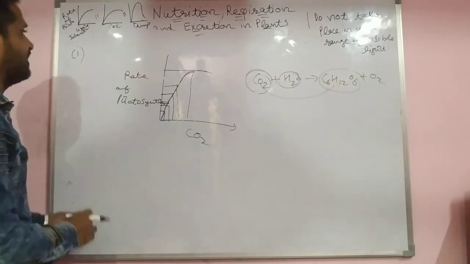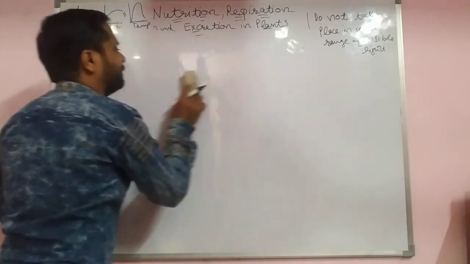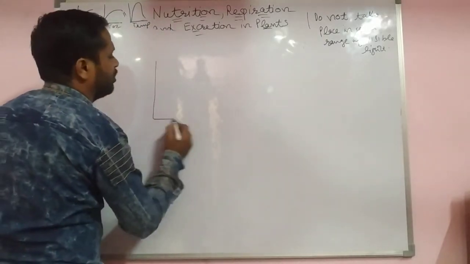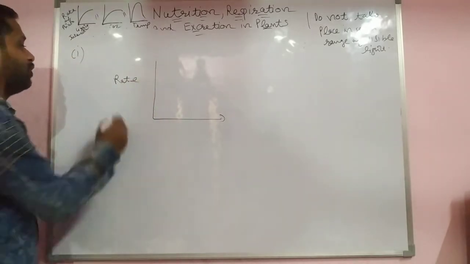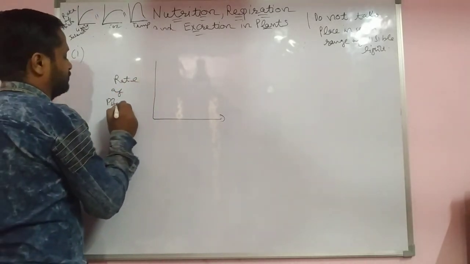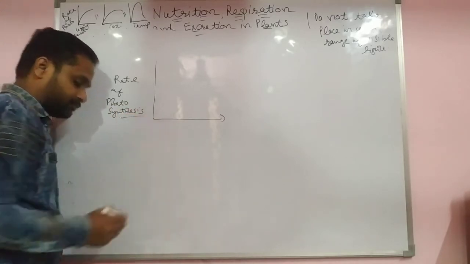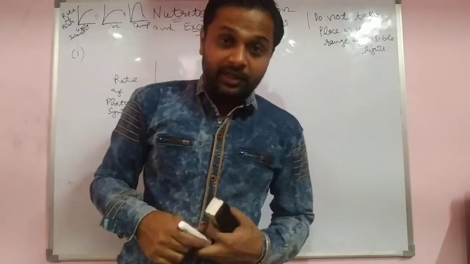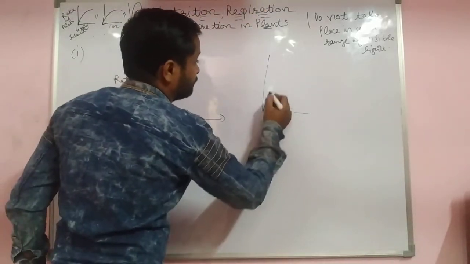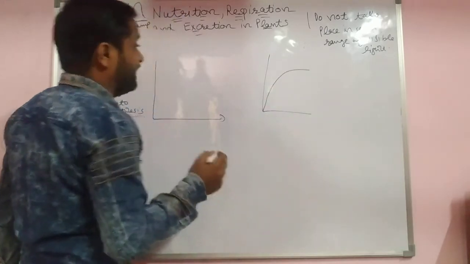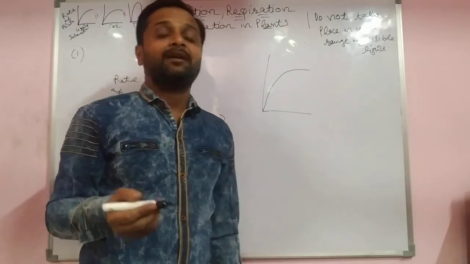If we discuss one more graph, temperature and rate of photosynthesis. Does the rate of photosynthesis depend upon temperature? Yes, students. If high temperature is there, then what happens? First of all, we see the graph.